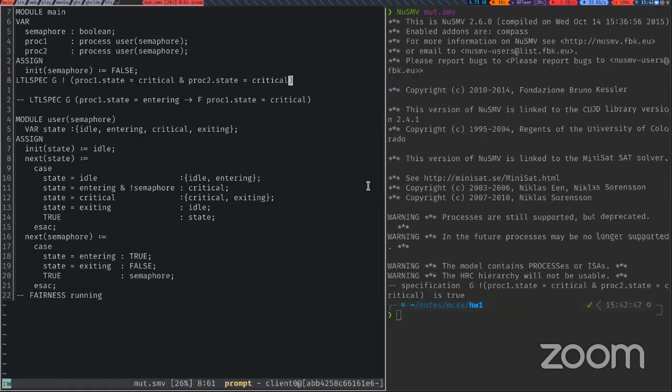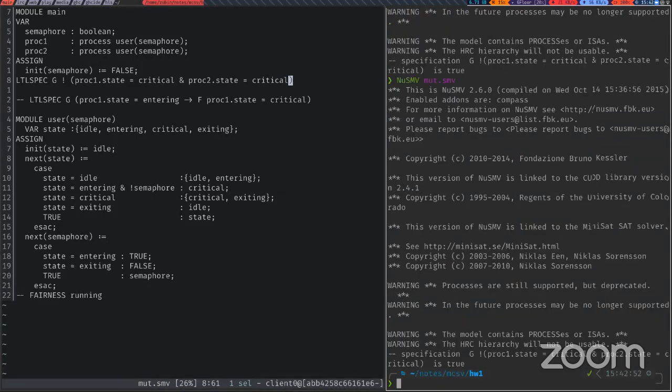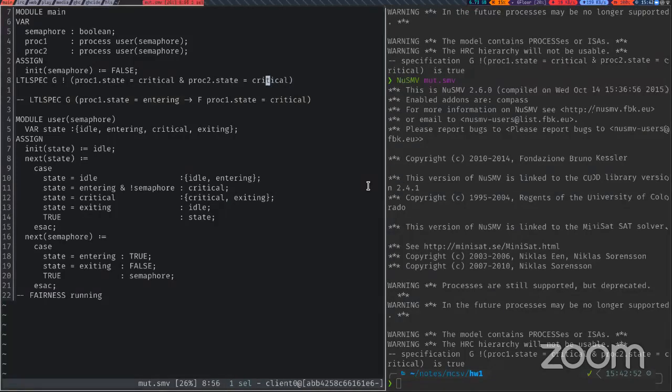In case you're wondering what LTL is, you will see later in the class that LTL is a sublogic of CTL star, which permits only path formulas. So we will introduce that formally later in the class.